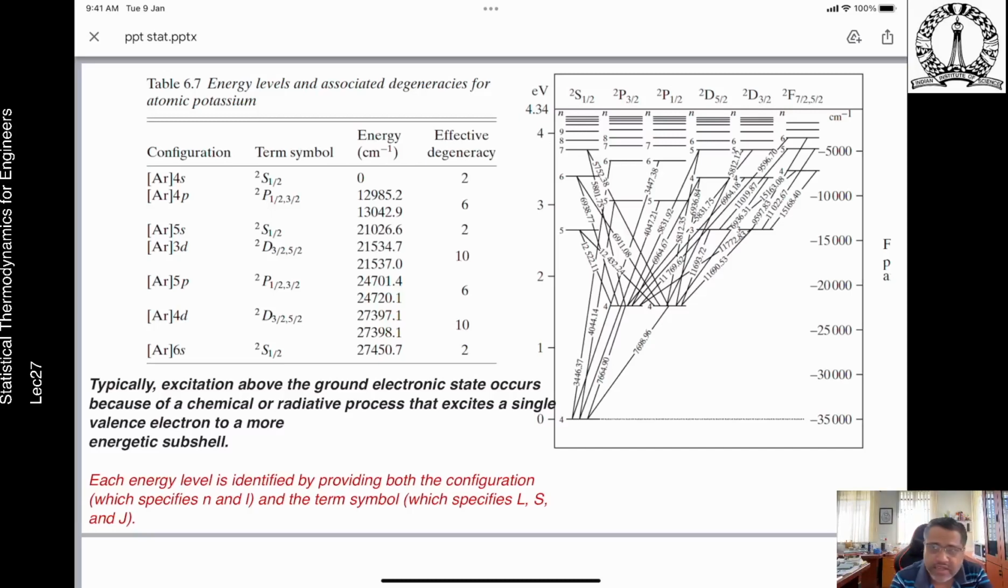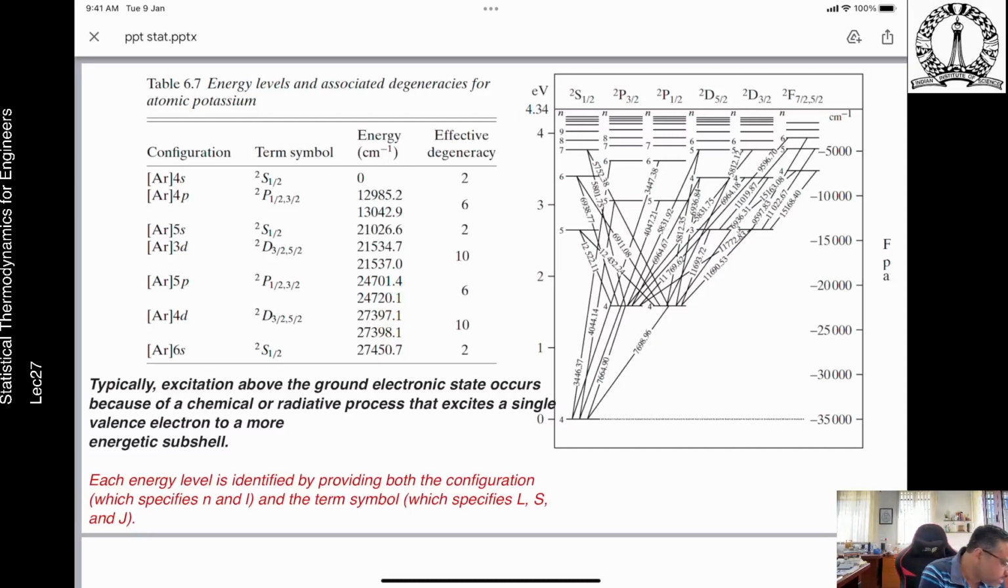So this is basically the energy diagram, the corresponding figure, which is a more graphical description, and it also indicates the allowed energy transitions, including the wavelengths of the resultant spectral lines. That is what is given in angstroms; if you look at the units, they are given in angstroms.